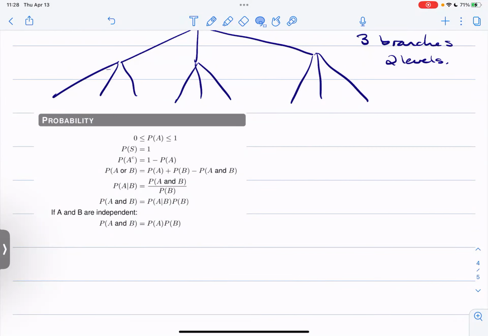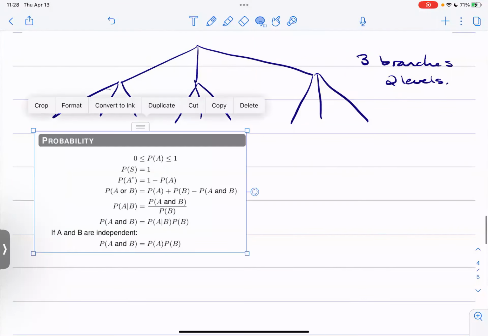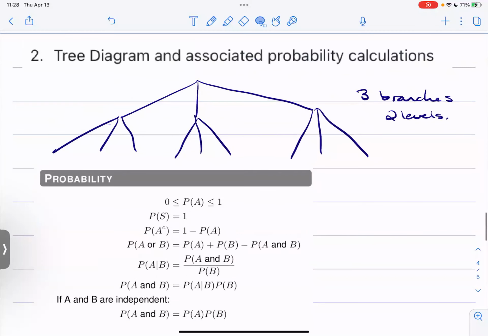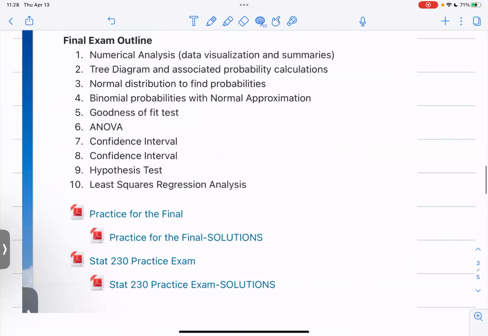You'll know that it's a tree diagram one with probabilities because it'll ask you to draw a tree diagram. It's not easy, but easy enough to spot.